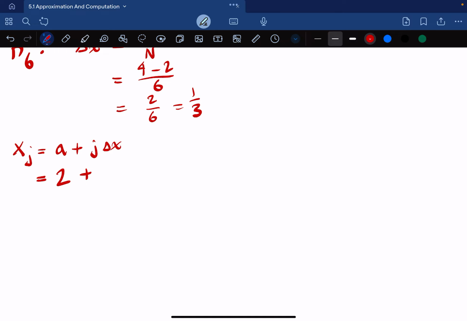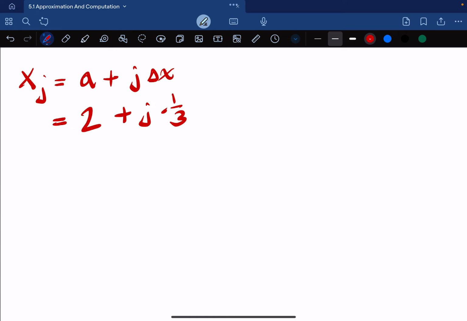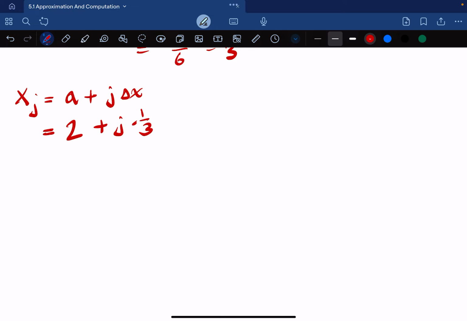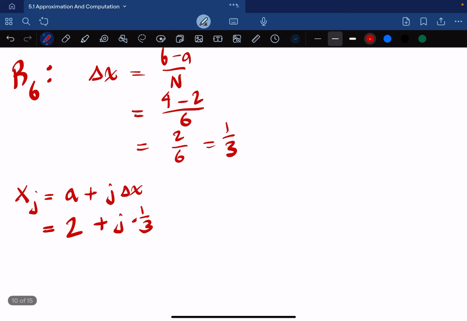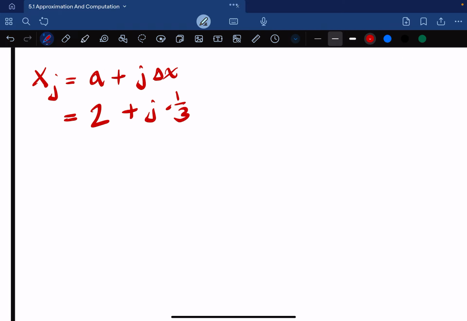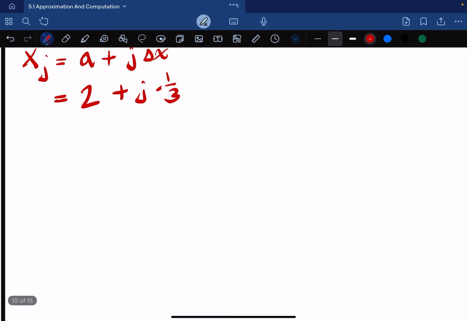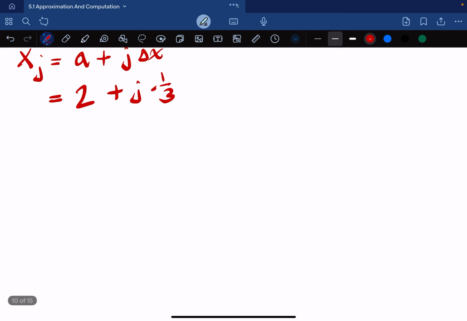We know a is 2, and delta x is 1 over 3. From here we're going to calculate the x-coordinate for each of our endpoints. Since there are 6 rectangles, we're going to calculate 6 endpoints. So these are the x-coordinates for 6 endpoints, from x of 1 to x of 6.